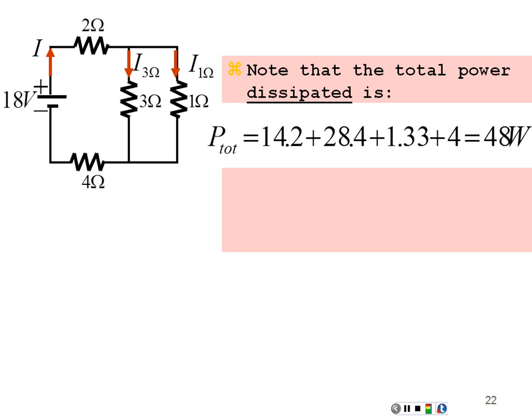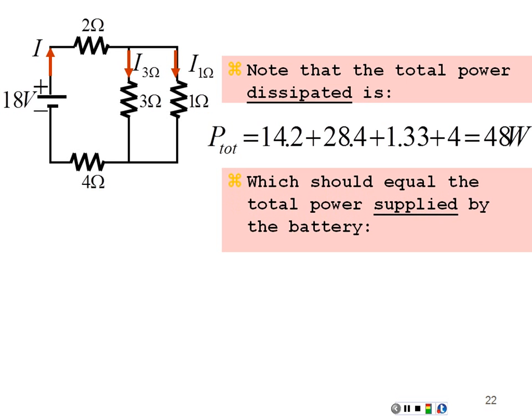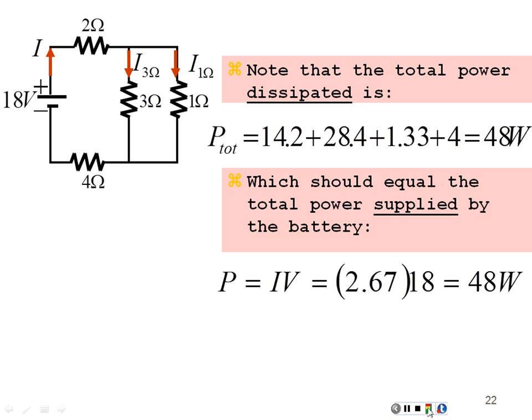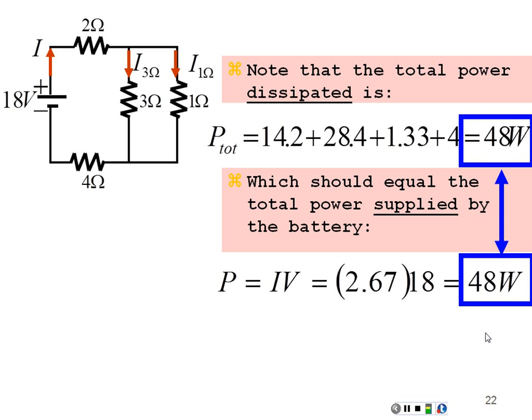Also note that the power supplied by the battery is going to be the current going through the battery times its voltage. 2.67 times 18 volts is 48 watts. So that power supplied by the battery should equal the power dissipated in the circuit.